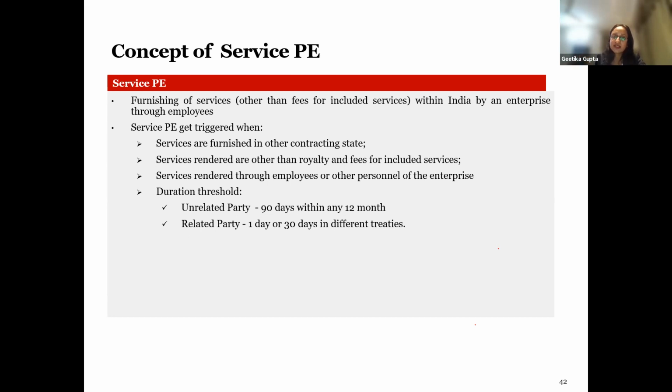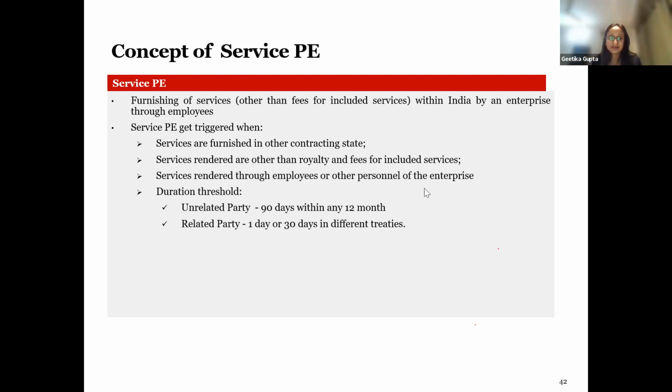What is the purpose of the stay? What is the duration of the stay? So these questions practically come. It is important to see from the perspective of service P. If the stay exceeds the threshold, it could lead to a service P exposure.